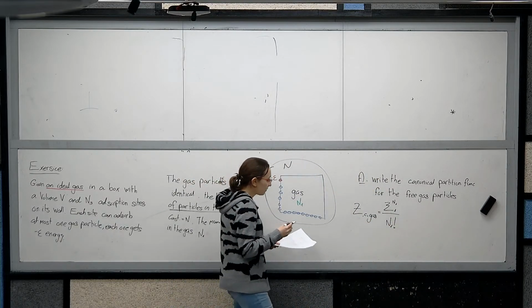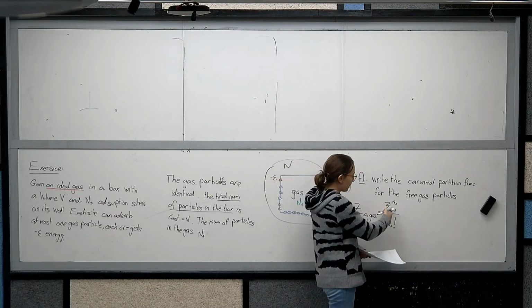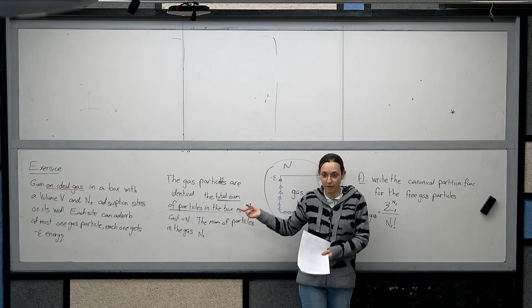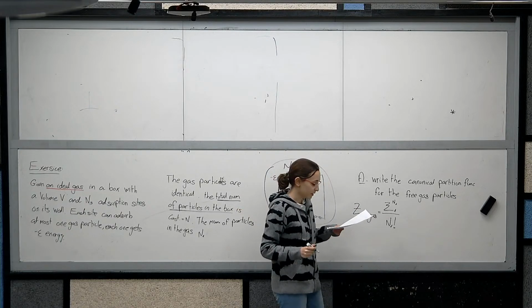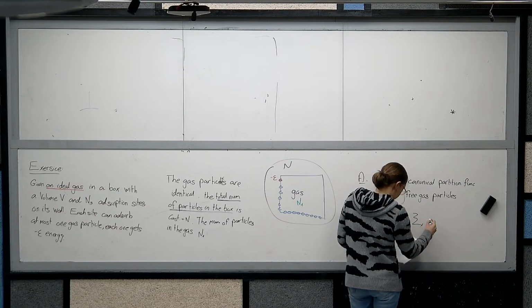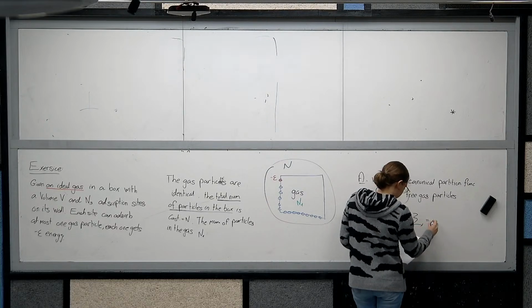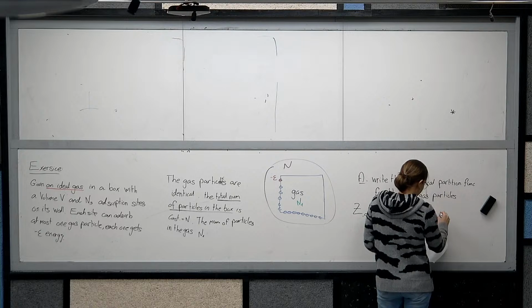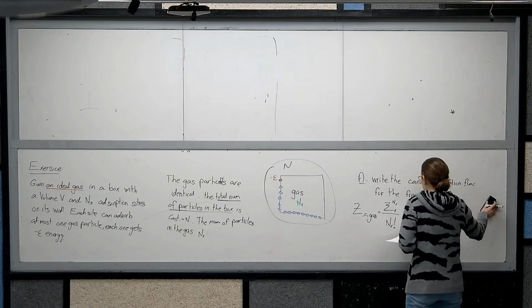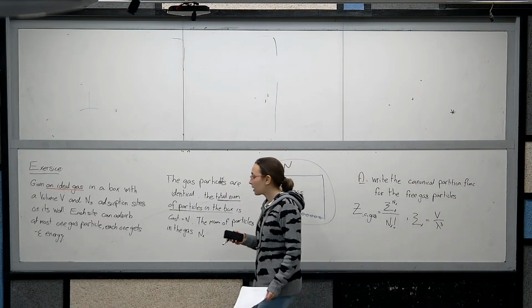And we know the subsystem partition function for one particle, because we wrote it on the board in the last question. It equals V divided by lambda to the third. Okay, so this is the canonical partition function.